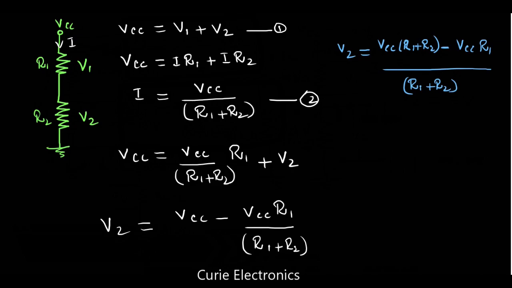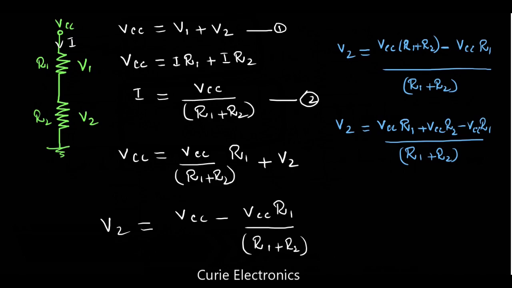So V2 equals, opening the bracket, VCC R1 plus VCC R2 minus VCC R1, upon R1 plus R2. Here VCC R1 will get cancelled.